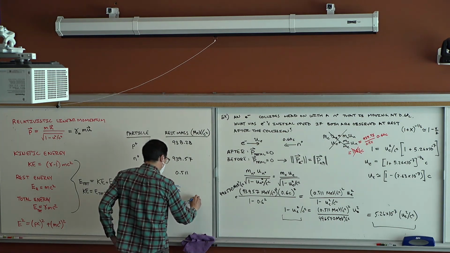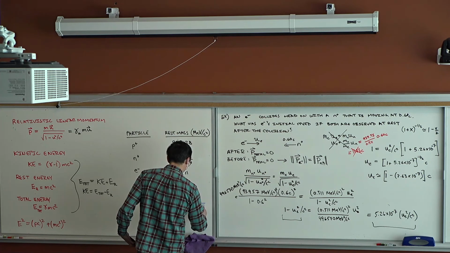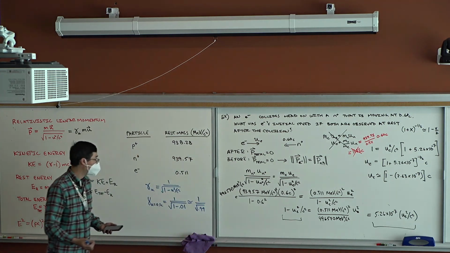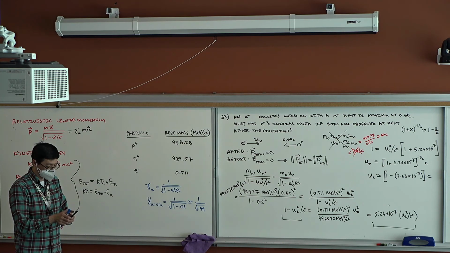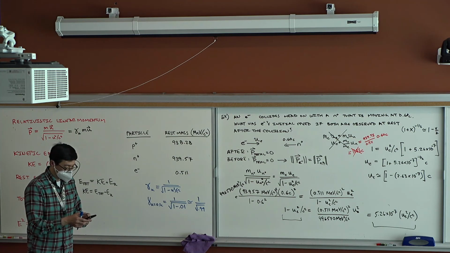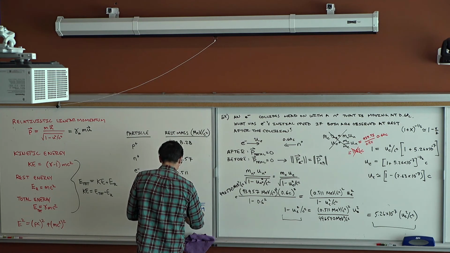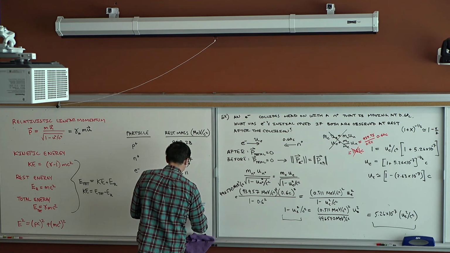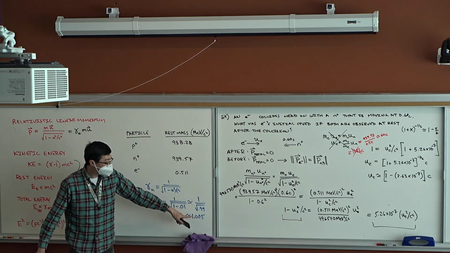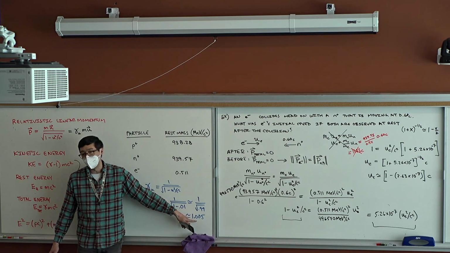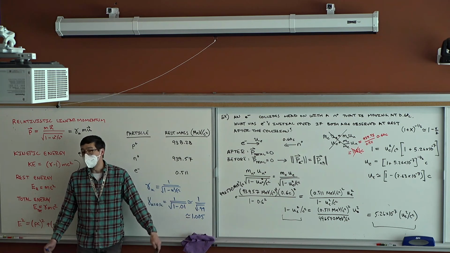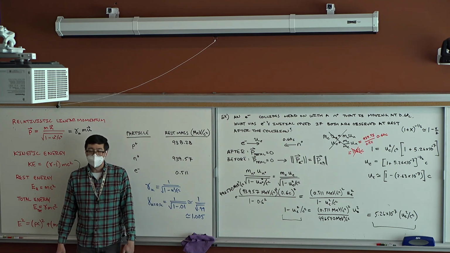So this is 1 over root 0.99, right? That is about 1.005. So at this point, things start to differ by about 0.5%. Is that enough that you care? I don't know.